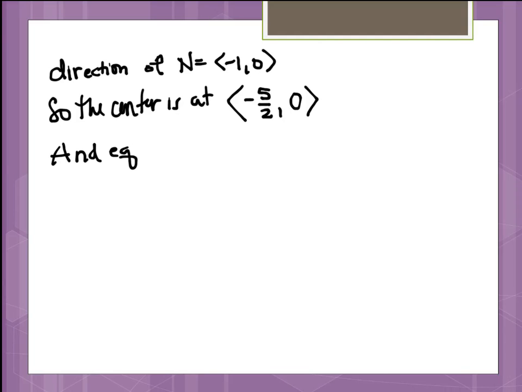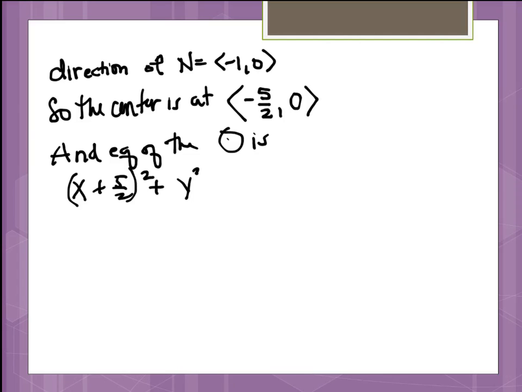And the equation of the circle is x plus 5/2 squared plus y squared equals 81/4.